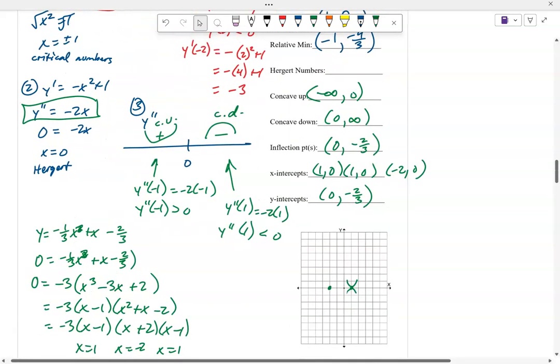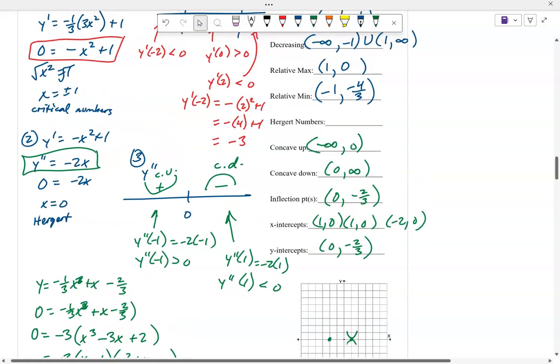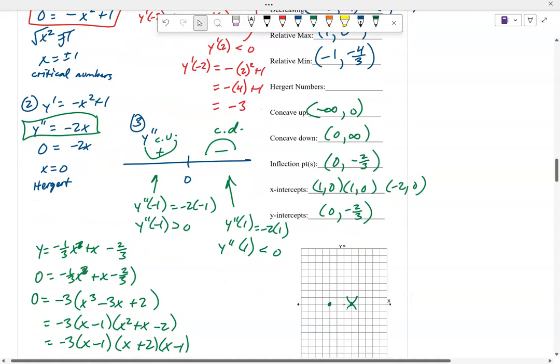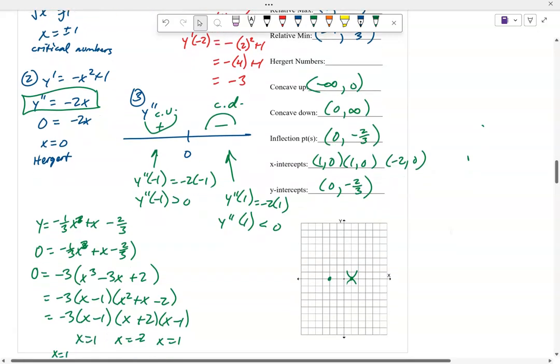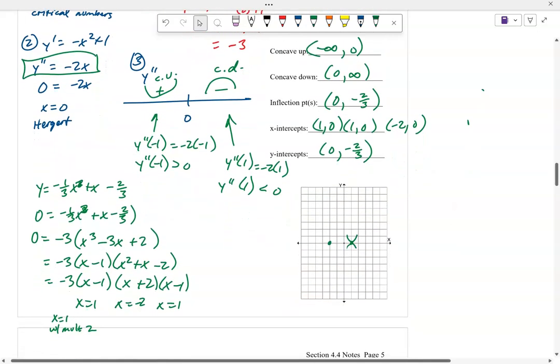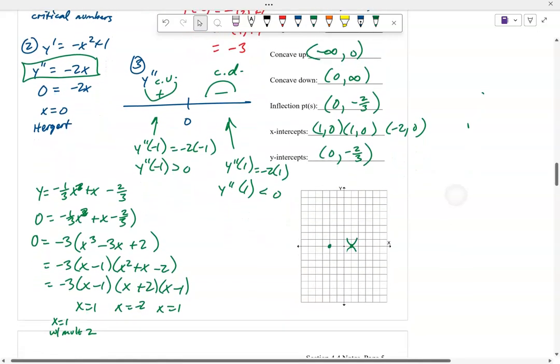So I'm going to draw the concave down until, or I'm sorry, I'm concave up. So I'm decreasing from -infinity to -1, and I'm concave up until 0.